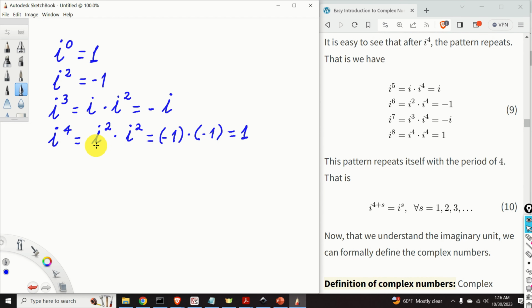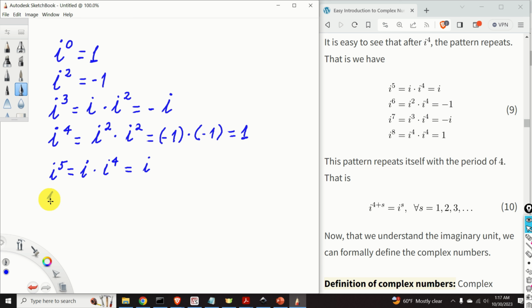Here's one very important property of the imaginary unit. There is a certain repetition once we try to compute the powers of i larger than 4. Let us show that. There is a pattern, keep in mind that. Let's compute i to the power 5. i to the power 5 is equal to i multiplying i to the power 4, and this is equal to i, since i to the power 4 is equal to 1.